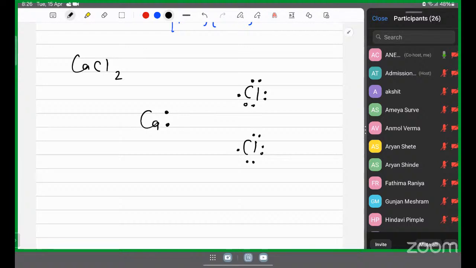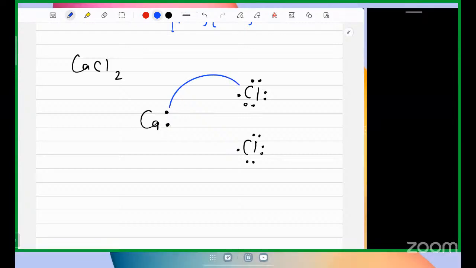So Lewis dot formula for calcium is calcium atom with 2 dots, and for chlorine it is chlorine atom with 7 dots. 7 dots represent what? 7 dots represent that chlorine atom has 7 electrons in its outermost shell. So one of the electrons will be given to this Cl atom and another one to this.